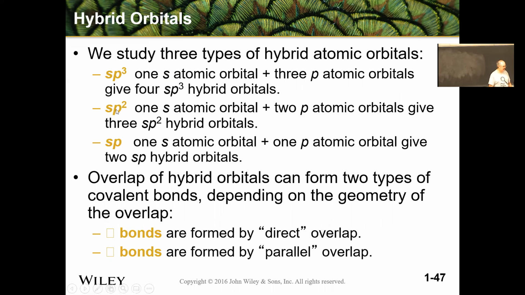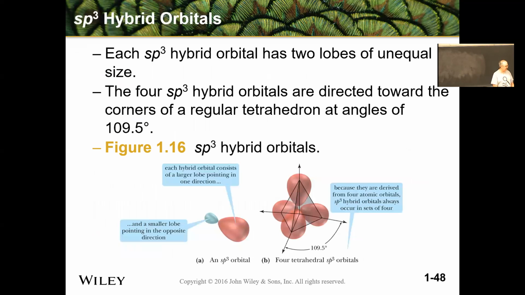If we combine an s and two p's, we'll end up with three hybrid sp2 orbitals. Then we're going to look at different ways that bonds can be formed. We'll look at two ways, and these are direct head-on overlap and then parallel or side-to-side overlap.